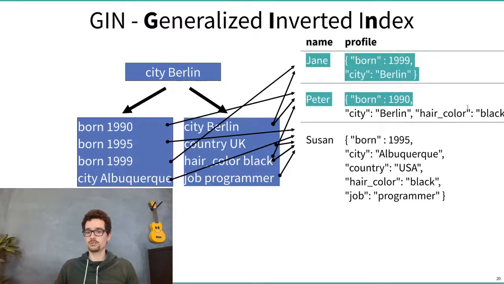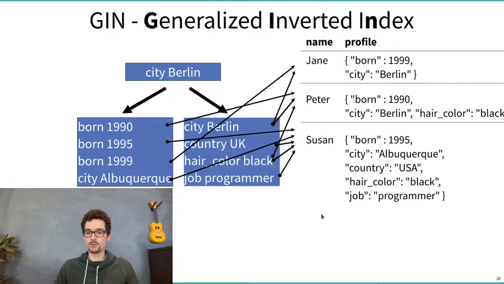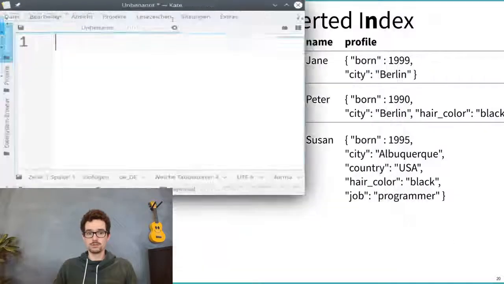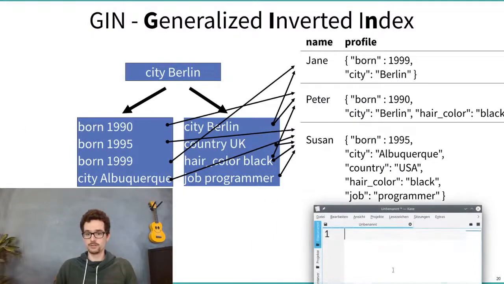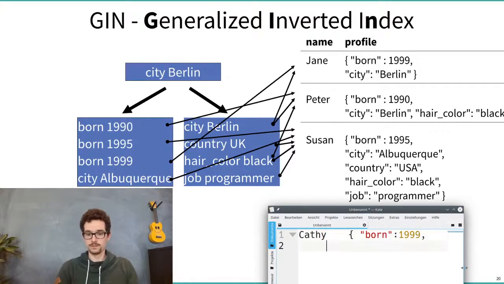Because we insert a new document. Let's say the index already contains these 3 documents, and we insert a new document that has the following fields. Let's call her again Kathy, and then just 2 fields: born in 99 and X is 5, whatever this is.